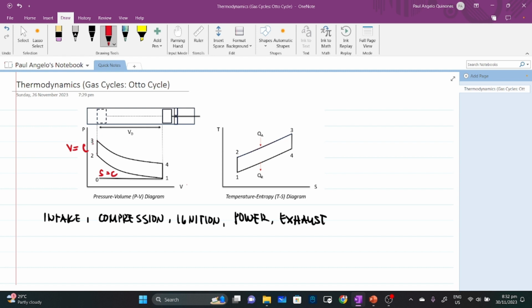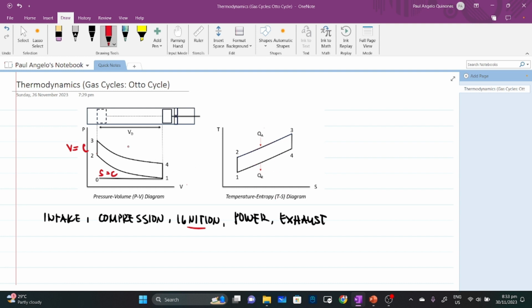Then 3 to 4. Once it is already compressed, at 2 to 3, you will apply your heat. That is your ignition event. Okay? So intake goes from 0 to 1, then compression from 1 to 2, then 2 to 3 is your ignition, power is 3 to 4, then exhaust is 4 to 1, wherein heat rejection takes place.